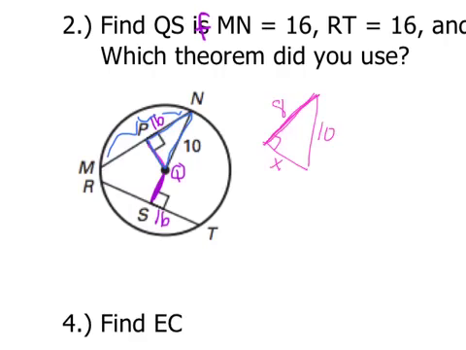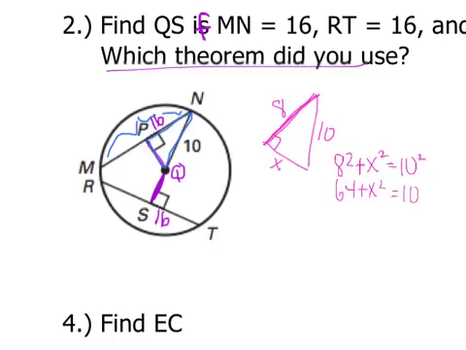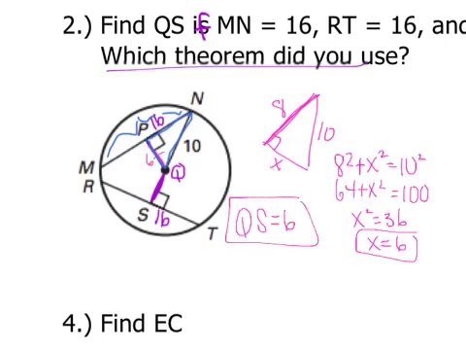Using the Pythagorean theorem, we can say 8 squared plus x squared equals 10 squared to solve for the value of x. So the length of PQ is 6, which means the length of QS also must be 6 because those are congruent.